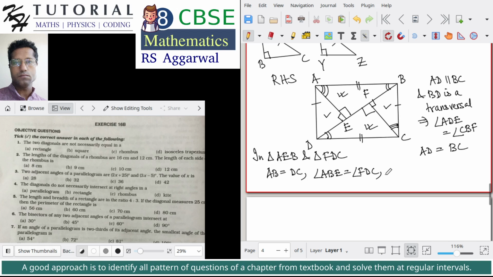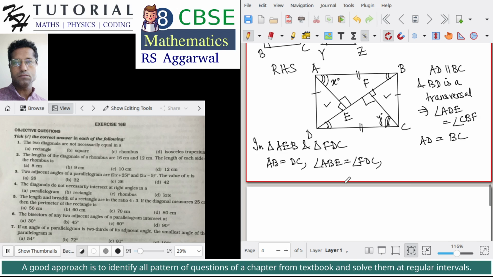Let's say if I consider this angle EAB in triangle AEB as x degrees, and in the triangle FDC, if I consider this angle to be y degrees, eventually x degrees will be equal to y degrees. Why? That's what I am trying to prove.